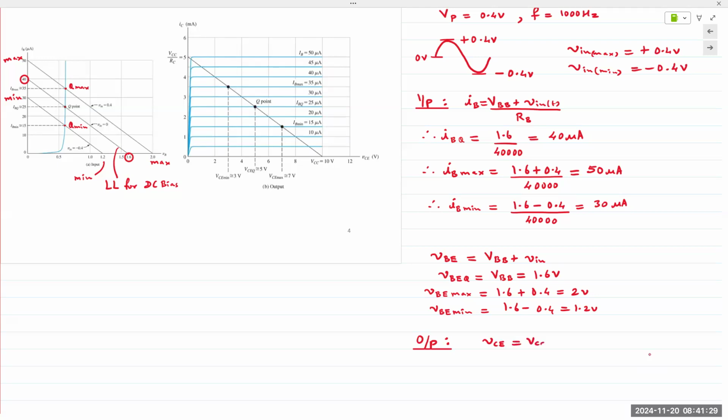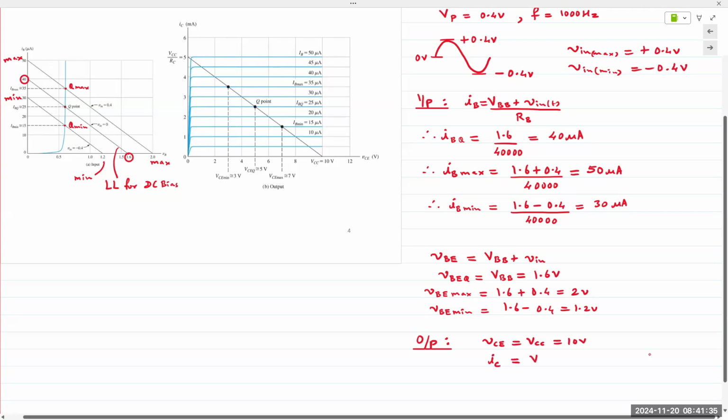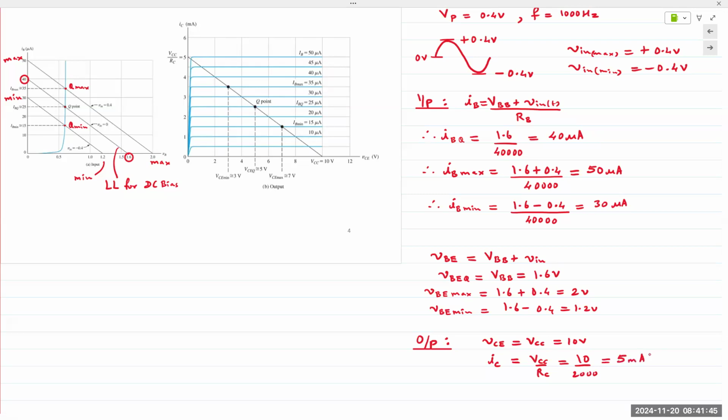VCE is equal to VCC is equal to 10 volts. And IC is simply VCC over RC. So 10 divided by 2000, 5 milliamps. That's the x-axis value, and this is the y-axis value.